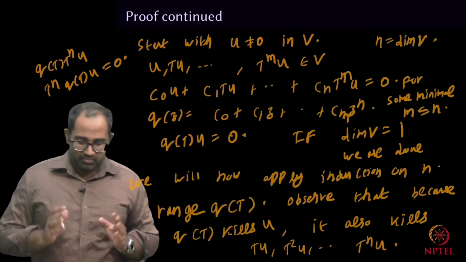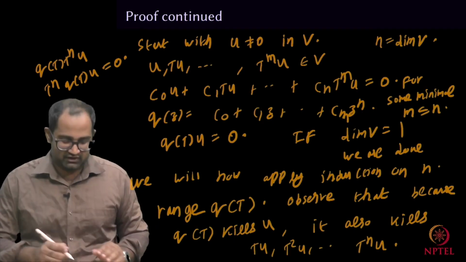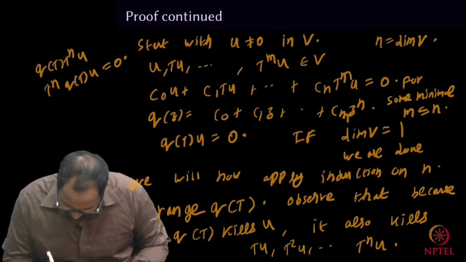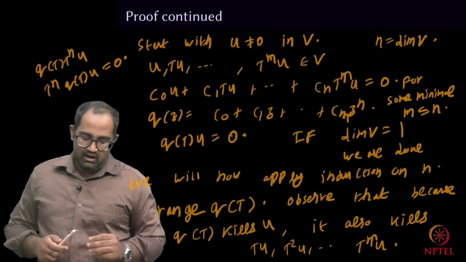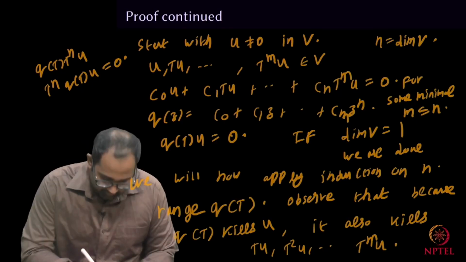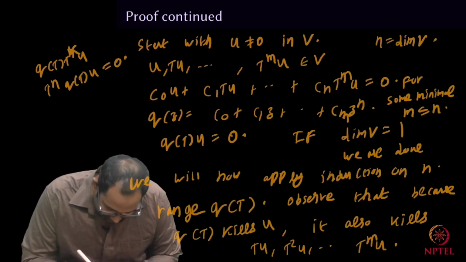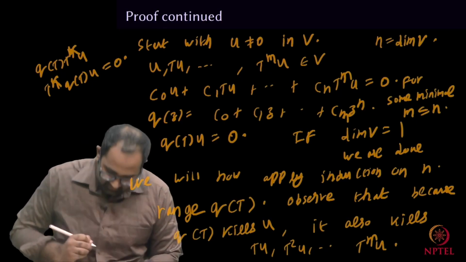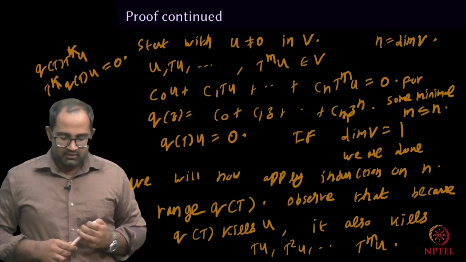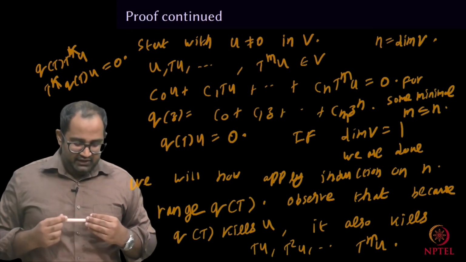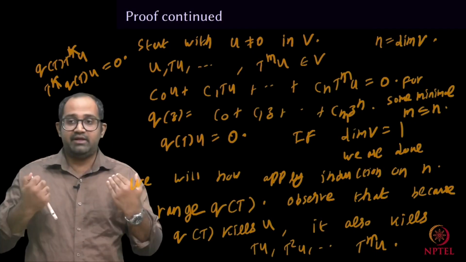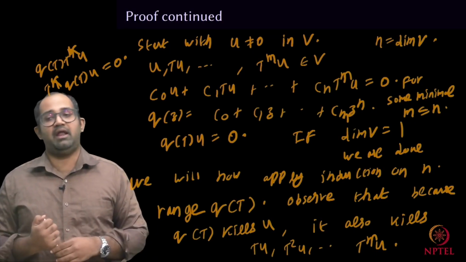Okay. Rest of the proof has no modification. I have to here change it till m. Now, here also I'll just make it k, so that things are clear. So q of t will kill tu, t squared u, up to t power mu.